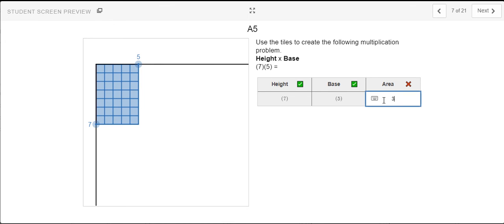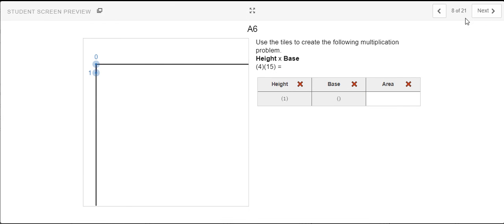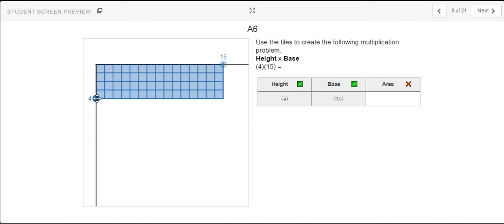There were 35 squares in this shape. And the last problem, 4 by 15, so I want a base of 15. Scroll down to the height of 4. So 4 times 15, or 15 of these 4s: 15, 30, 45, 60. This one has an area of 60.